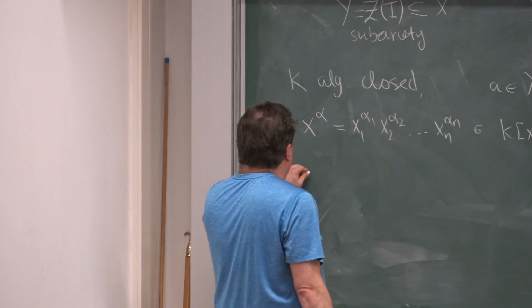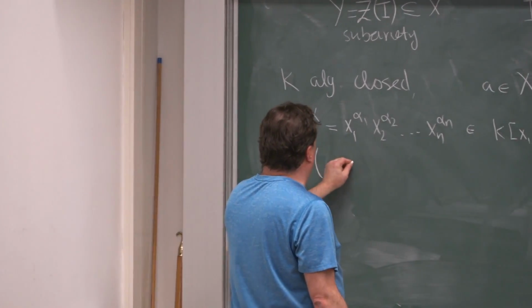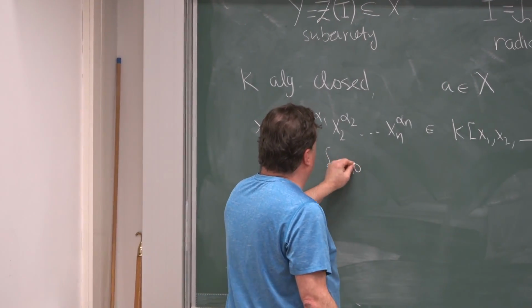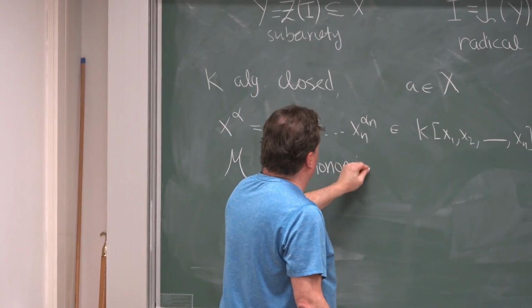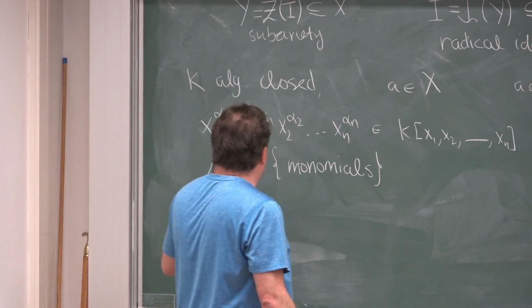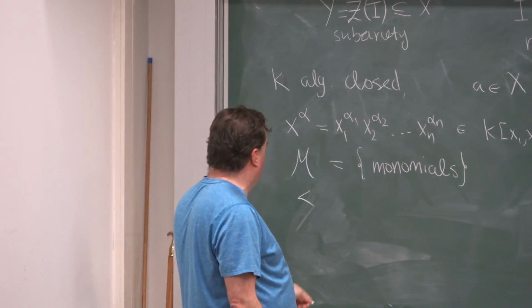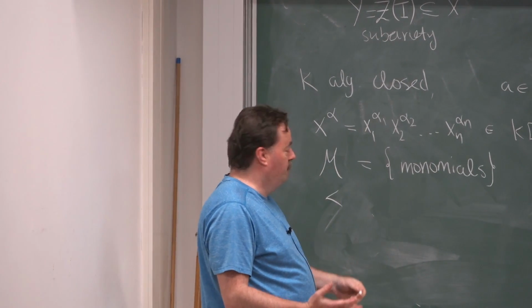So maybe let M be the set of monomials. And we use some admissible monomial ordering.